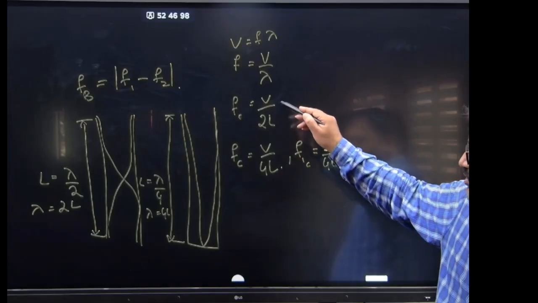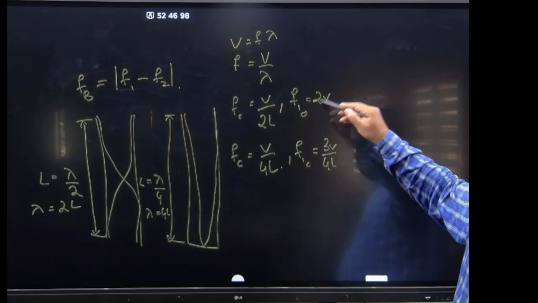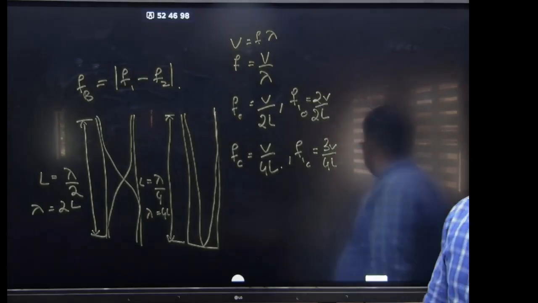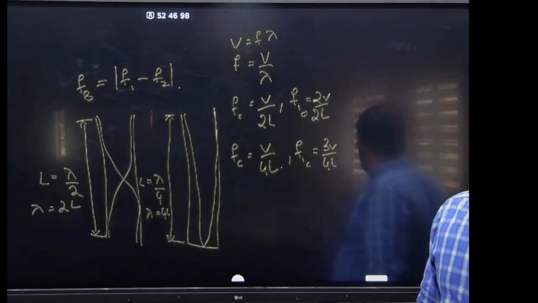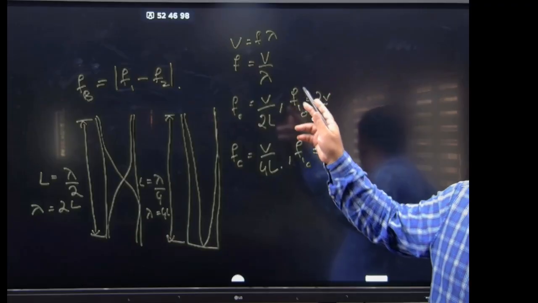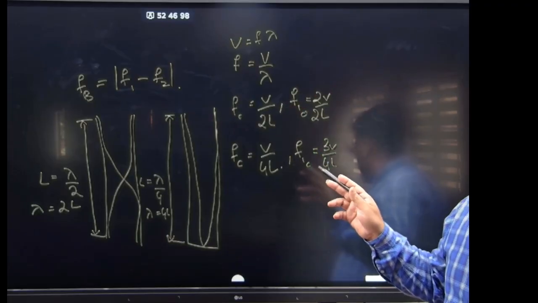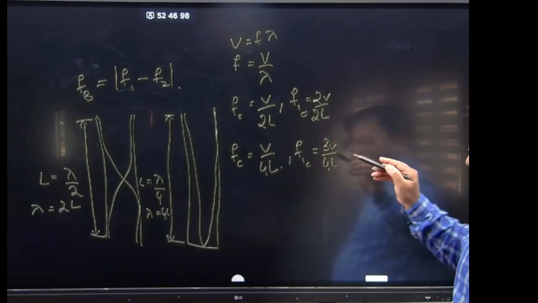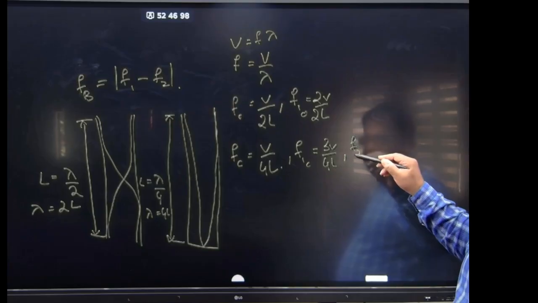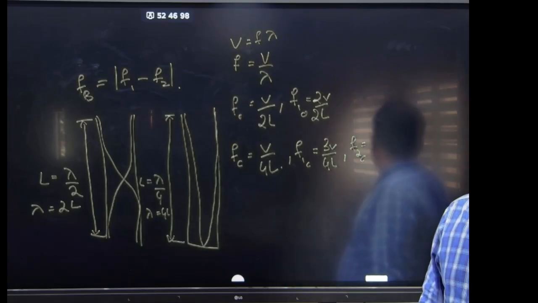Now what about this? The first harmonic of this is given by 2V by 2L. So that means this is the second harmonic. This is the third harmonic, this is the second harmonic. In the same way, F2C is called the second overtone.